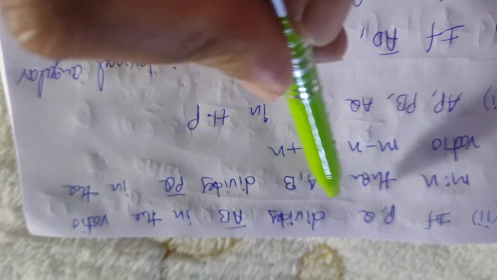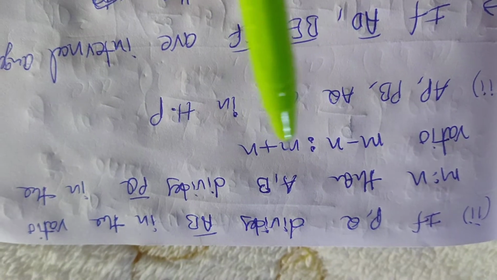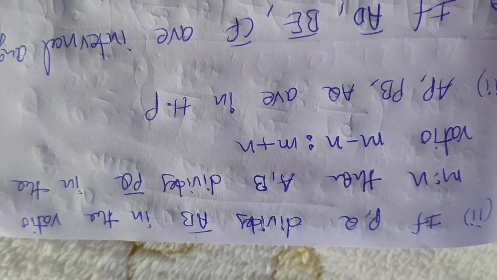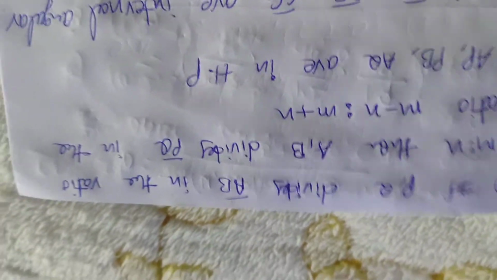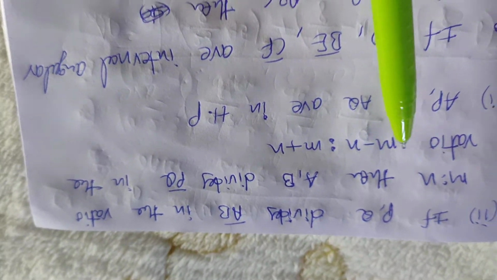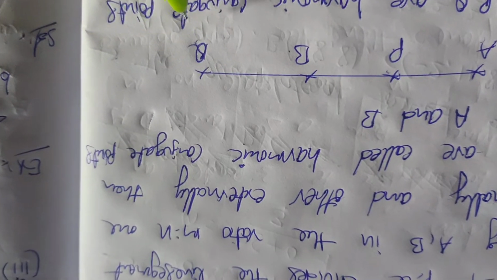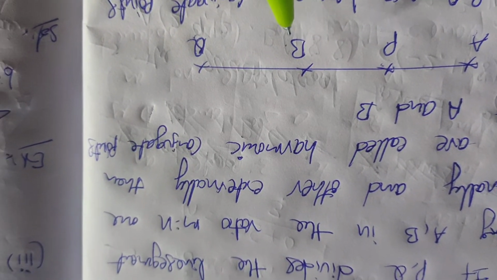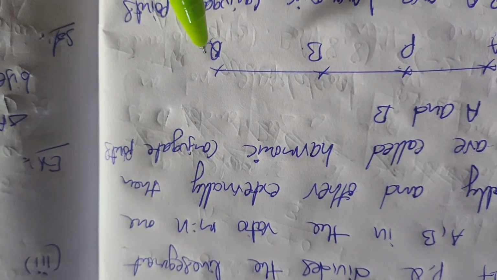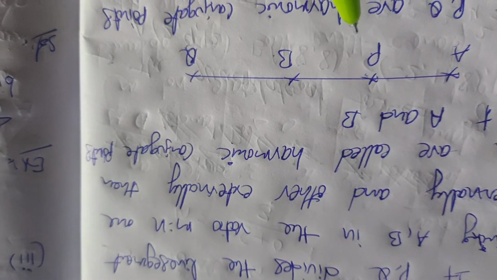Okay, next one. If P, Q divide AB in the ratio m:n, then A, B divide PQ in the ratio m−n : m+n. That means P, Q divide AB in the ratio m:n internally and externally, then the same A, B divide P, Q in the ratio m−n : m+n internally and externally.